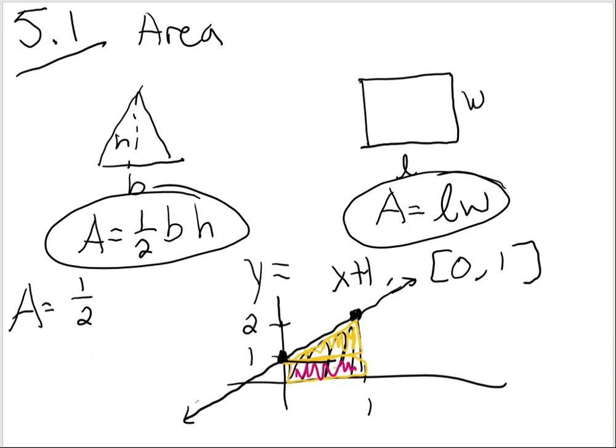Well, the base is this, so that's 1, times the height is 1, because it's going from 1 to 2. Then the area of the rectangle is a 1 by 1 rectangle, just looking at the y-coordinate of this point versus the y-coordinate of this point. So that's 1 times 1.